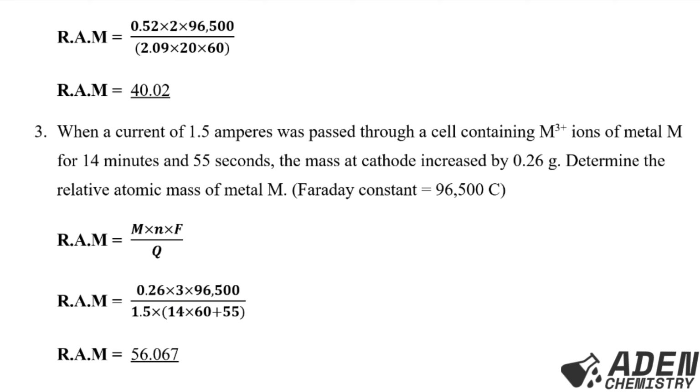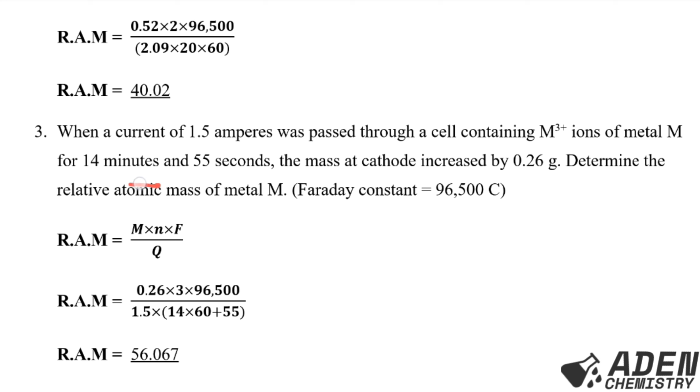N is the number of Faradays, in other words, the number of electrons gained or lost, or the value on the charge of the metal. So the value on the charge, that's 3. So our N is 3, multiplied by F. F is the Faraday, that's 96,500 coulombs, divided by Q. Q is quantity of electricity passed, and it's equal to I times T. I is current, which is measured in amperes, that's 1.5, multiplied by time.